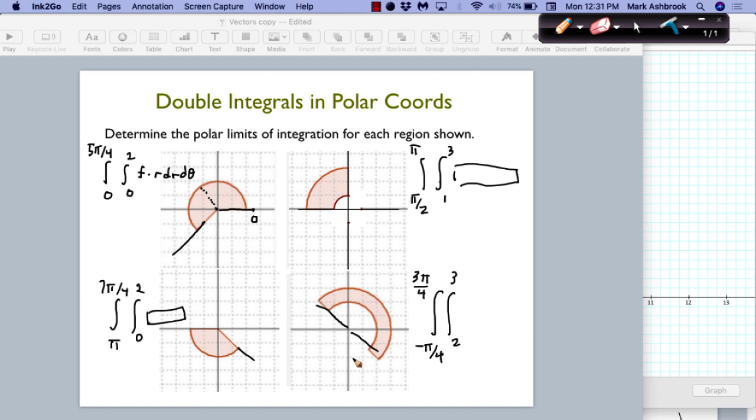The answer to the question is yes, because we've got constant radii, and we're doing constants for the thetas. You're okay with that.